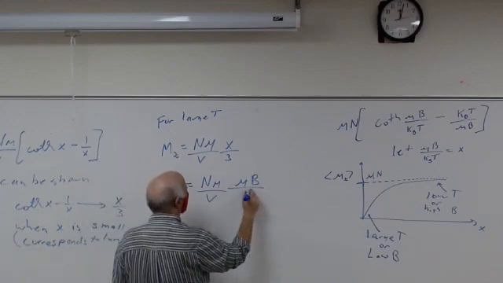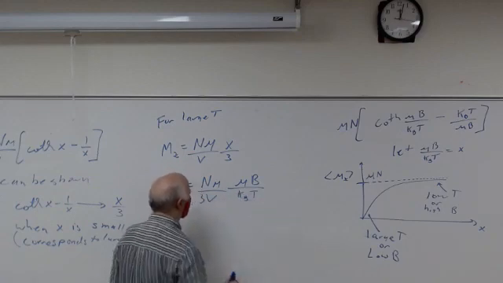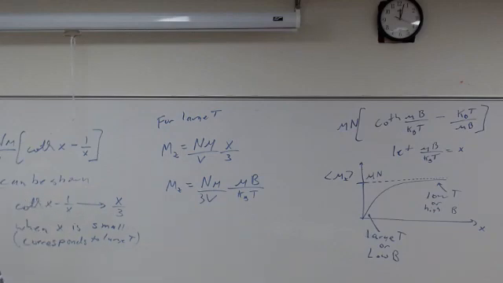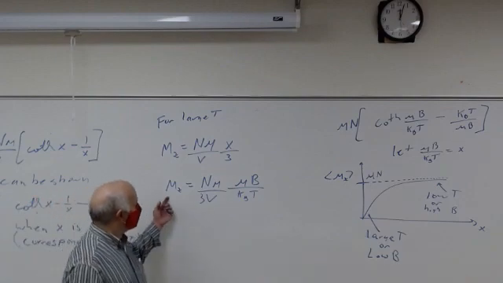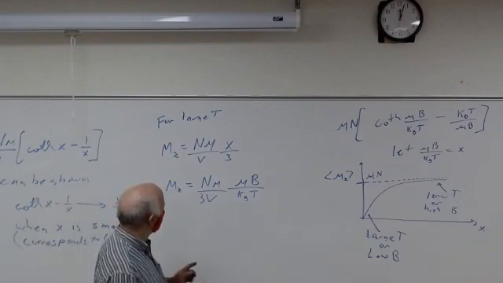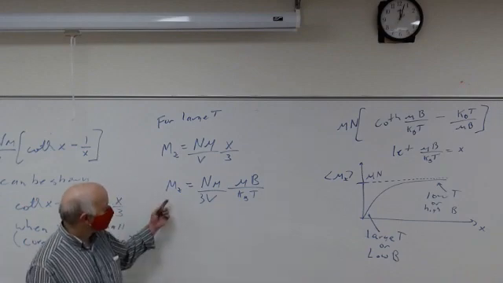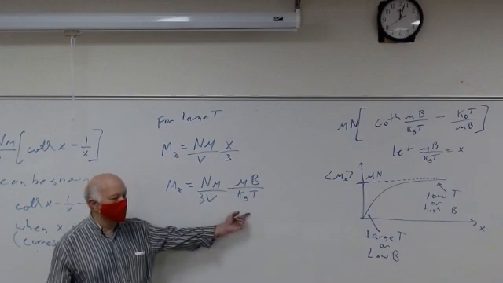Mu B over kT. Now, you might recognize this: the fact that the magnetization goes with 1 over temperature.